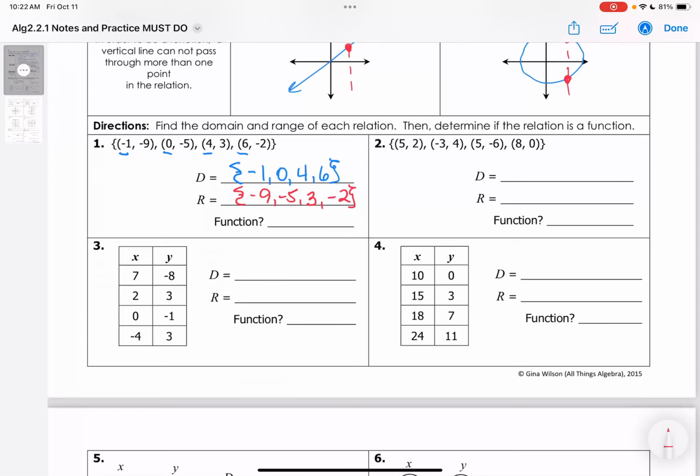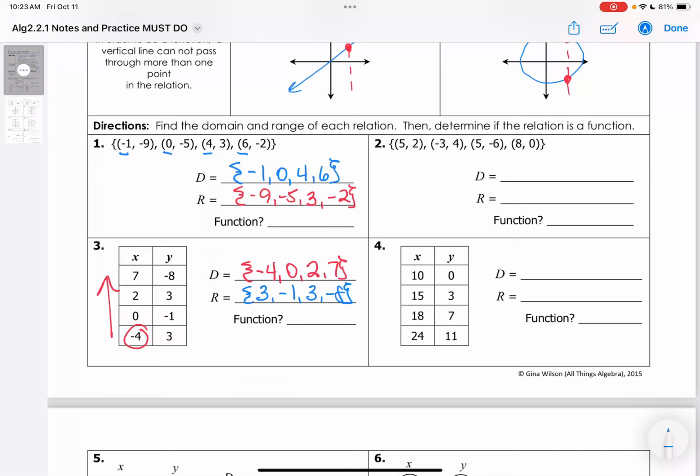Down below, put them in order from the lowest to the biggest, just like it would be on a number line.